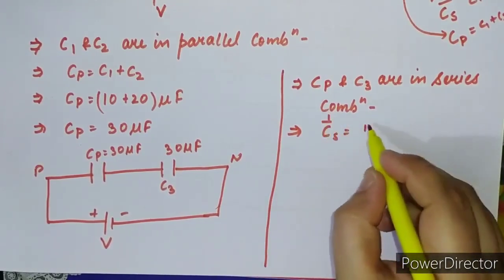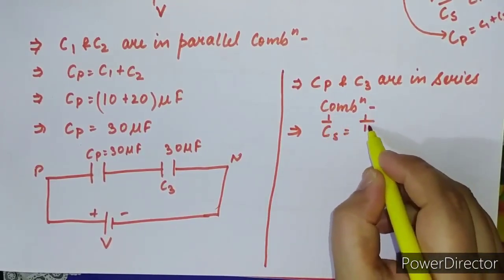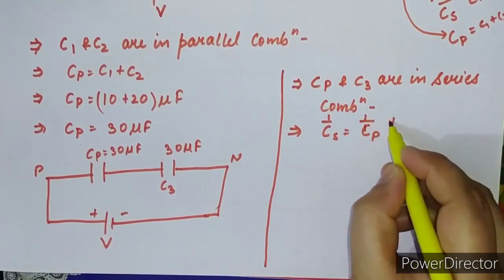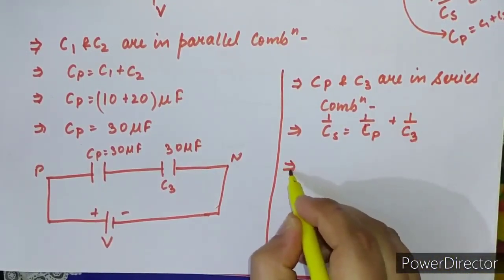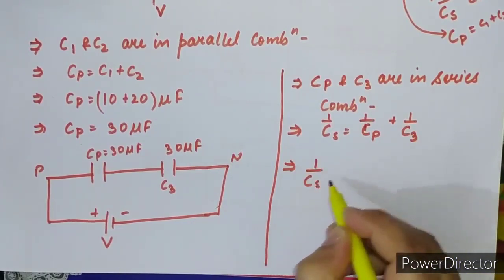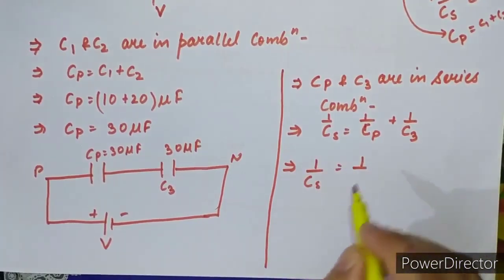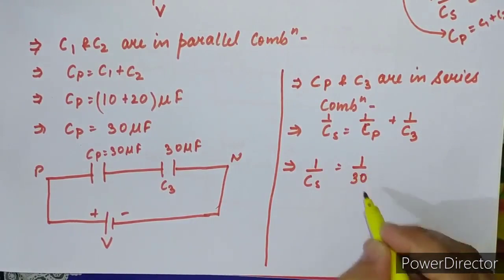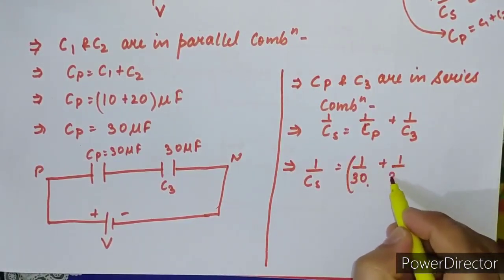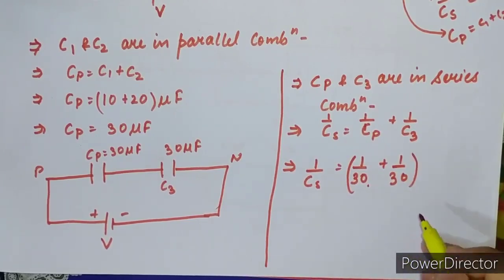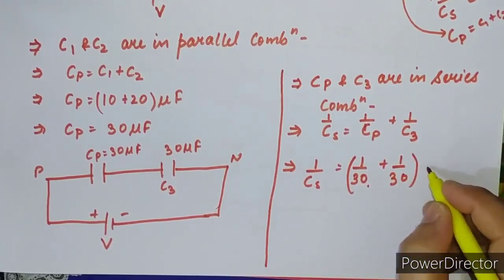We know the formula of series combination: 1 upon Cs is equal to 1 upon Cp plus 1 upon C3. Both the values, Cp 30 and C3 30, have the unit microfarad.